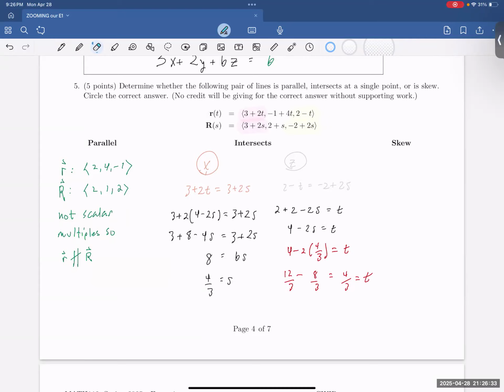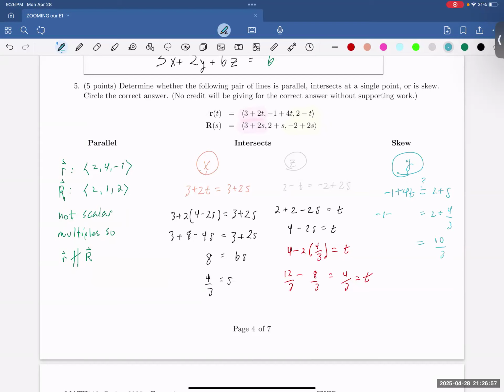So for the y components, let's switch colors again. Y's: -1 plus 4t, does that equal 2 plus s? So 2 plus 4/3, that's 6/3 plus 4/3, that's 10/3.